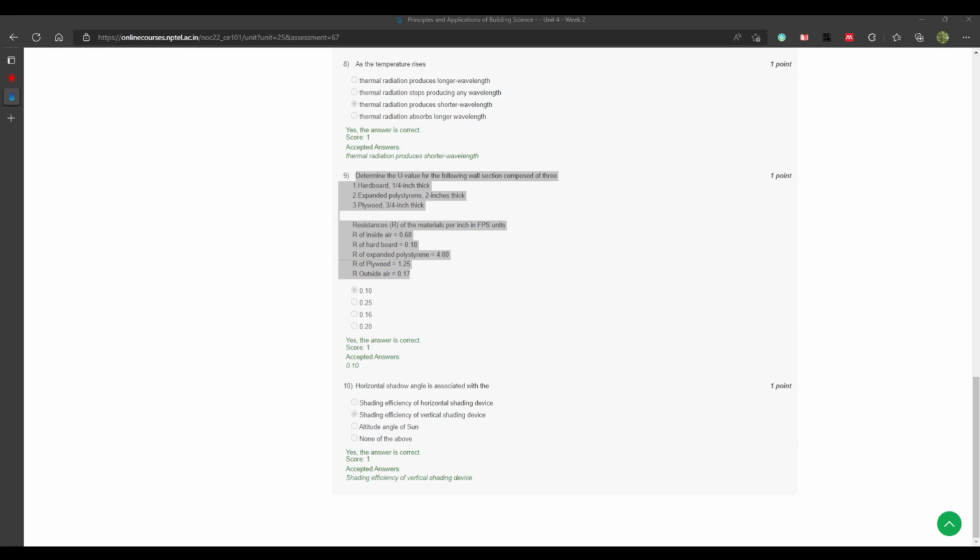Total R: just add all these, 6.17 plus 0.045 plus 8 plus 0.68, which is 9.83.